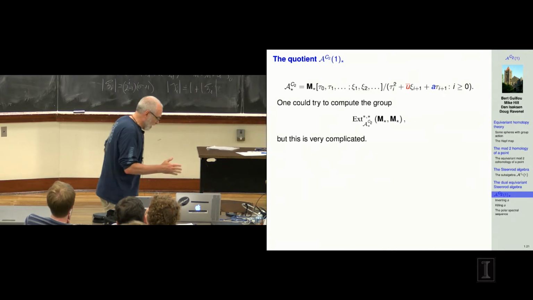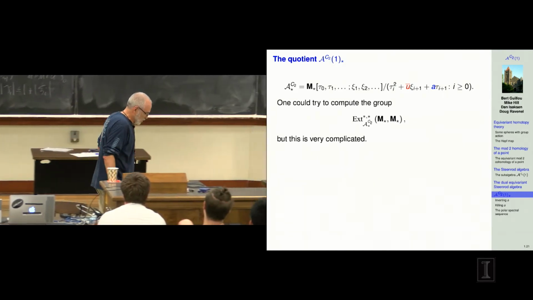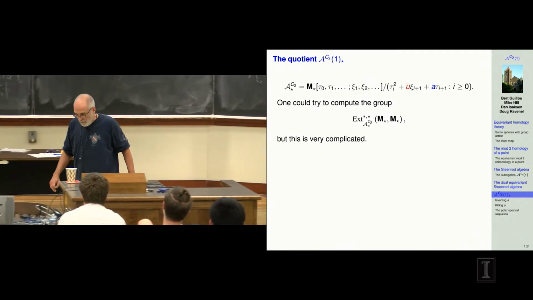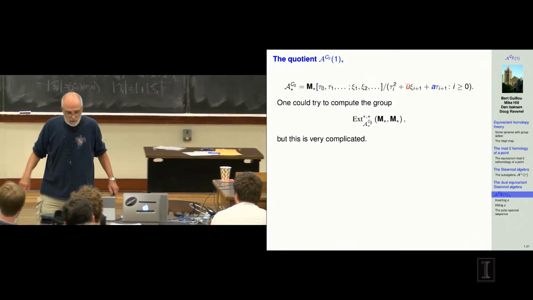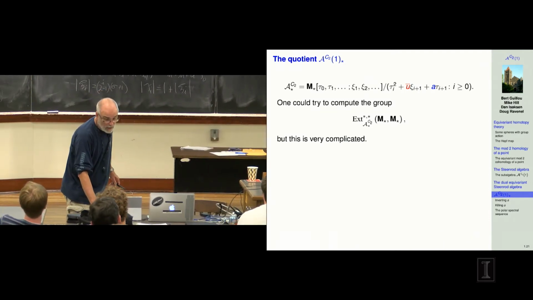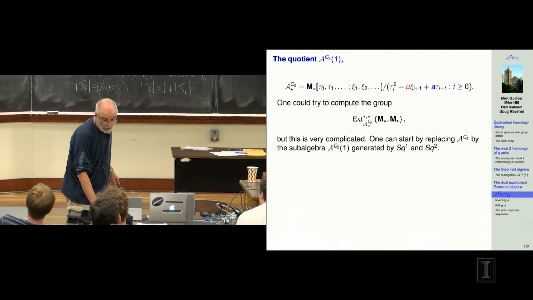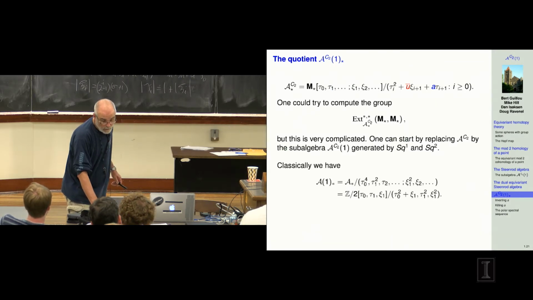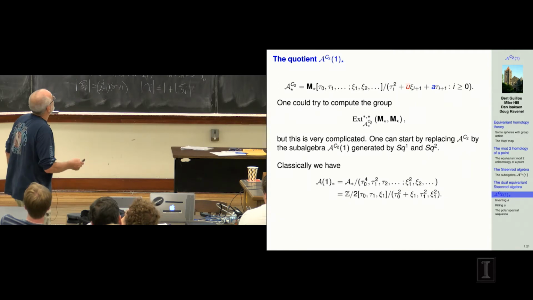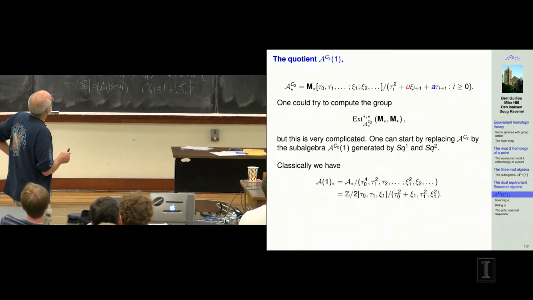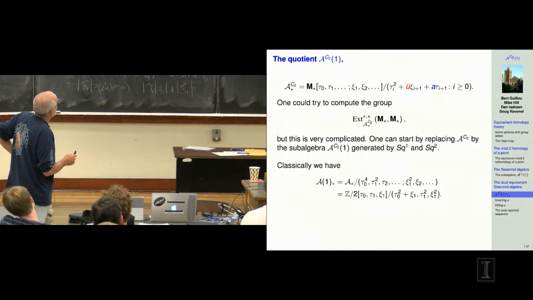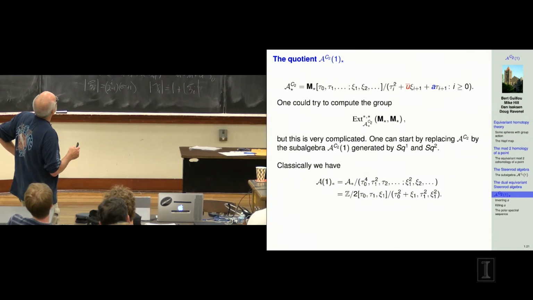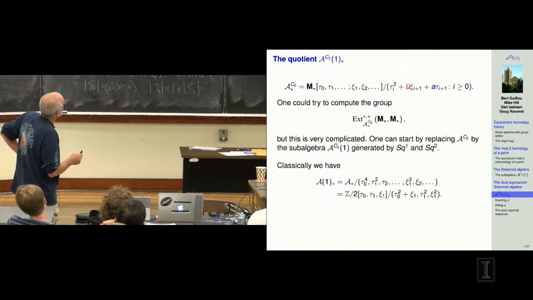So as in the classical case, you do a warm-up exercise by replacing the full Steenrod algebra by something smaller, like the subalgebra I just described, and try to calculate its Ext group. So I want to tell you what the dual of this A1 is. In the classical case, you take A star and kill off certain powers of generators.